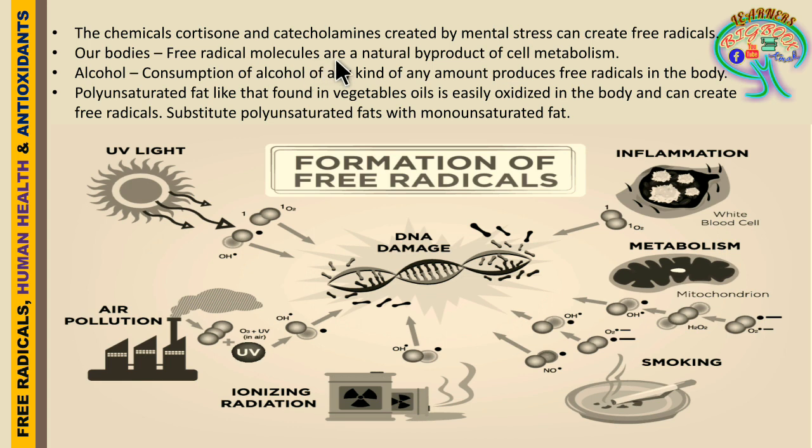The body's free radical molecules are a natural byproduct of cell metabolism. As we have already discussed in the first slide during the definition and description, metabolism is where the byproduct free radical has been observed.